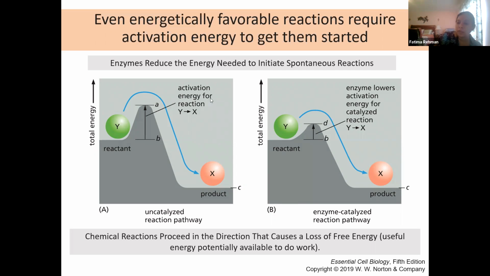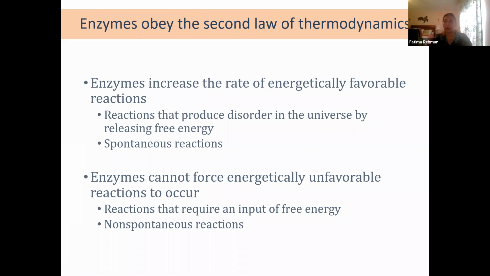In this case, as the chemical reaction proceeds, you will still have loss of free energy, just like in any other reaction, as a result of the formation of products.